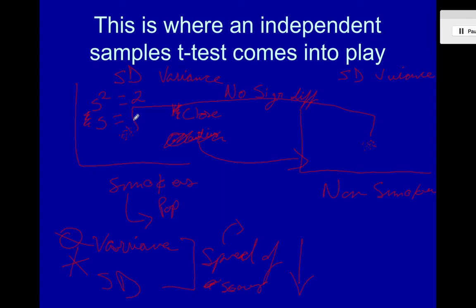For standard deviation, we find a value of a 1. Over here, we would expect the non-smoking group to have a variance very similar to that of the first group. Is it going to be exactly the same? No, probably not. But let's assume here it's a 2.1 or a 2.2 or a 1.9. Very, very similar. And then our standard deviations would also be very similar to each other.